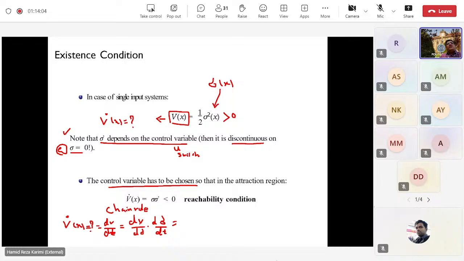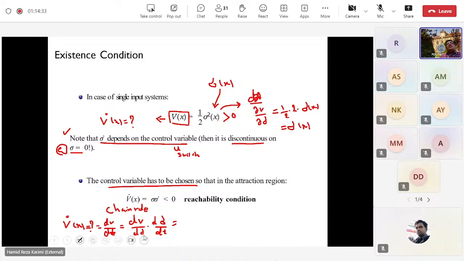Okay, so dV with respect to d sigma, V(x) is this. And then you can see that the partial of V with respect to sigma is equal to one half multiplied by 2 multiplied by sigma(x), and therefore this becomes sigma(x).